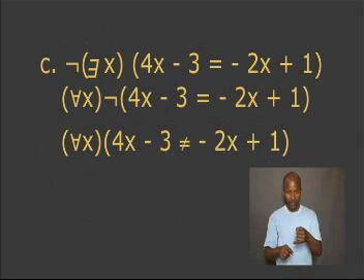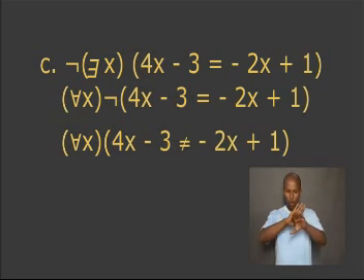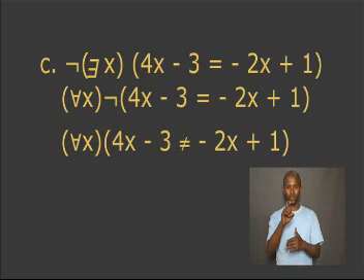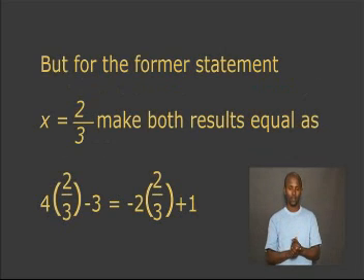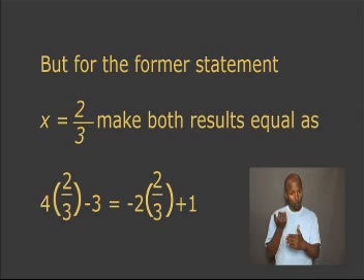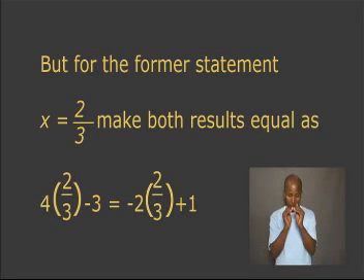You can test this equation using any x you wish, and the answer will never be 0. Finally, this is the negation of statement C. For all x, 4x minus 3 cannot equal negative 2x plus 1. But for the former statement, x equals 2 over 3 makes both results equal, as 4 times 2 over 3 minus 3 is equal to negative 2 times 2 over 3 plus 1.